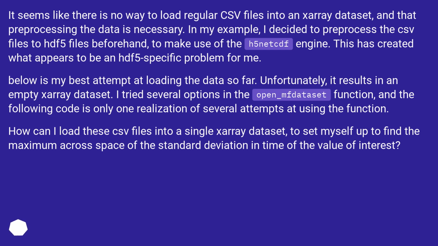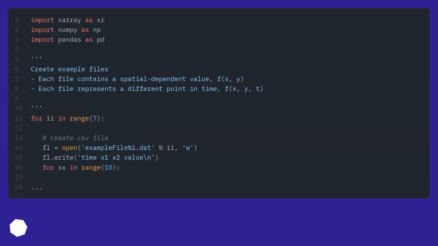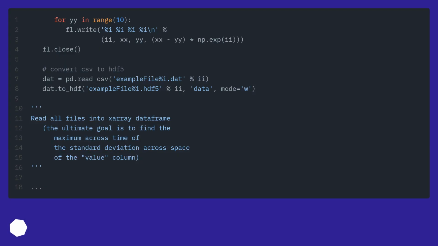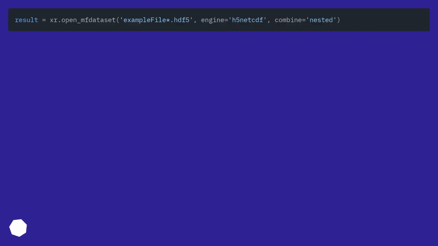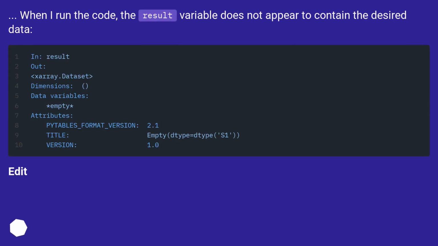How can I load these CSV files into a single Xarray dataset, to set myself up to find the maximum across space of the standard deviation in time of the value of interest? When I run the code, the result variable does not appear to contain the desired data.